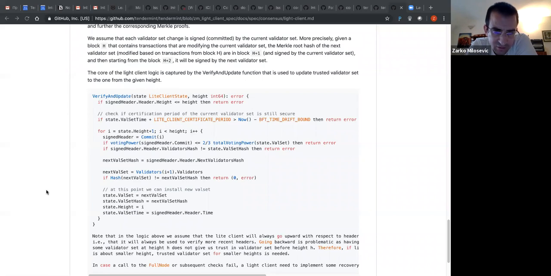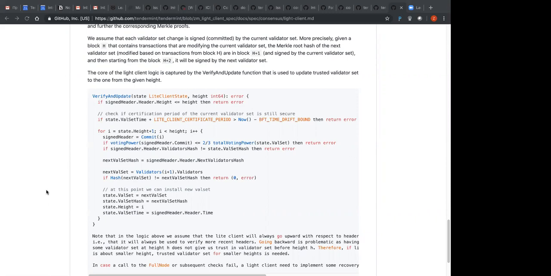But maybe we can. One idea is to try to postpone this proposer-based time, to push this a bit further ahead, because the other requirement, the aggregate signatures, is also pretty far ahead of us. Right now, if we have a convincing security argument for how to deal with time for the light client without the proposer-based thing, then we can push it 6 months, a year into the future.